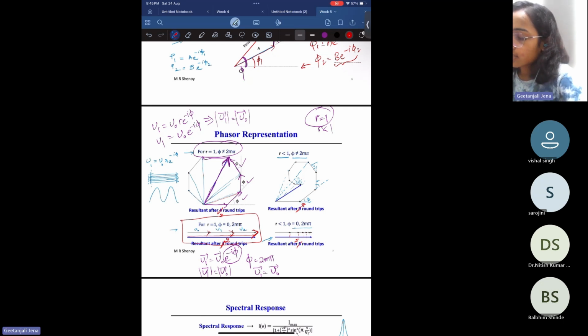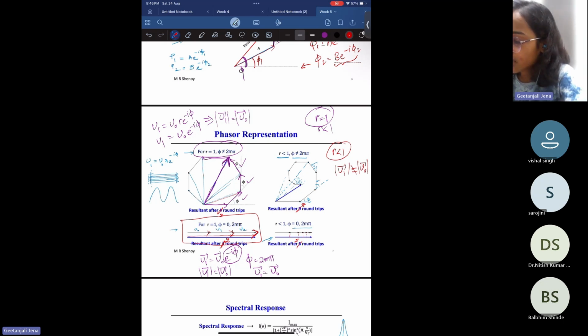And in the second case, which is the practical case where r is less than 1, there are losses when the light reflects from the mirror. For this case, the magnitude will not be equal to u0, so the amplitude will vary over time, over the round trip.